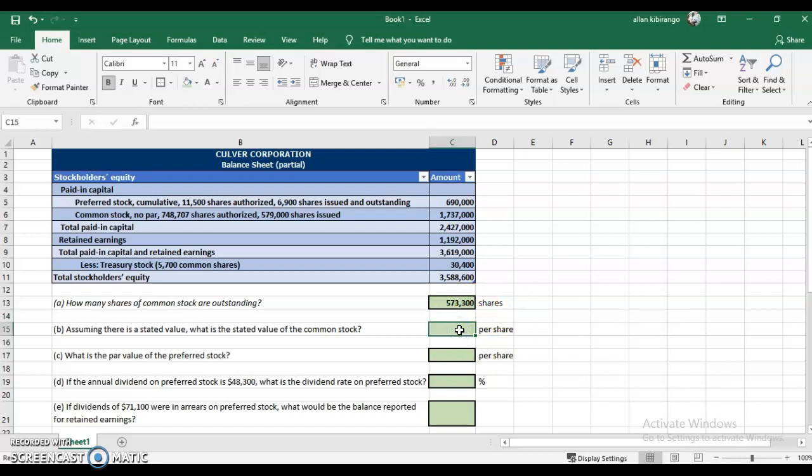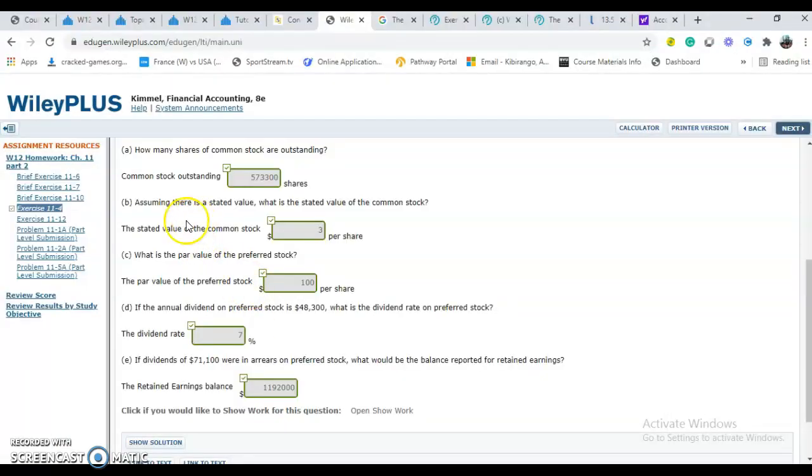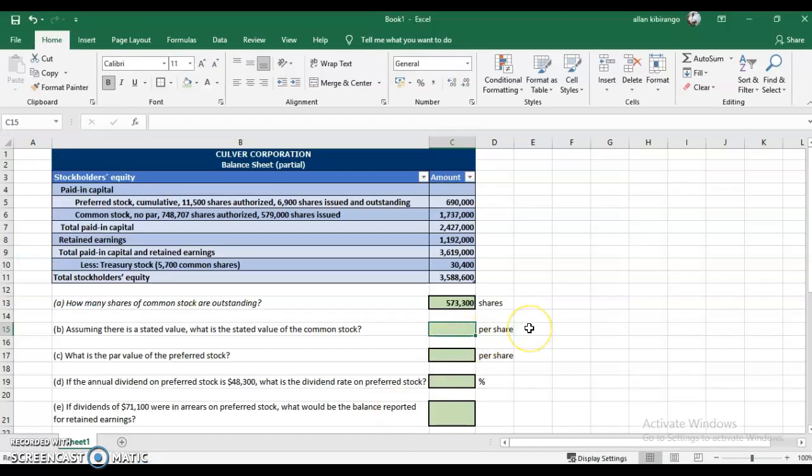Then when we come to the second question, assuming there is a stated value, what is the stated value of the common stock? So here we're calculating the stated value of the common stock. I got $3 per share, and let me show you how I got it.